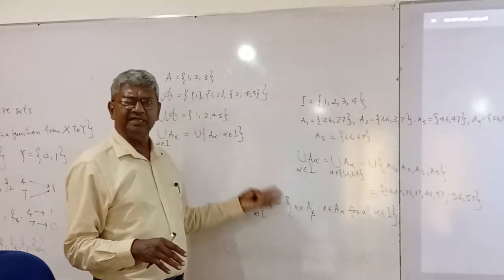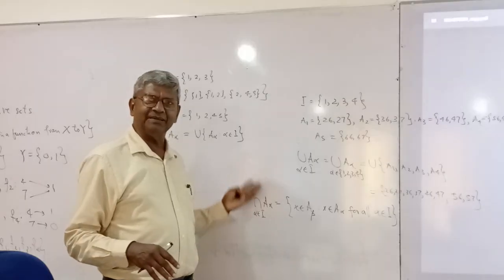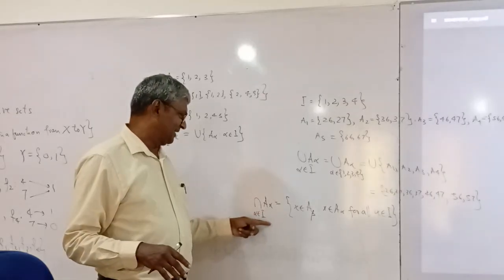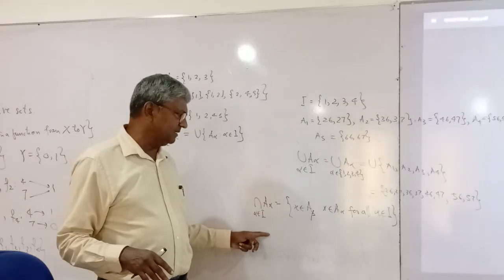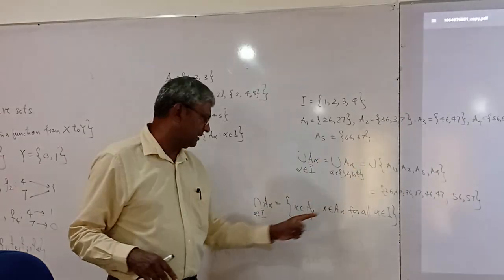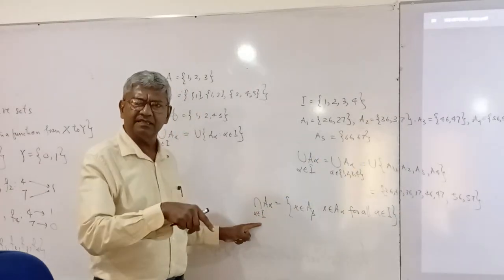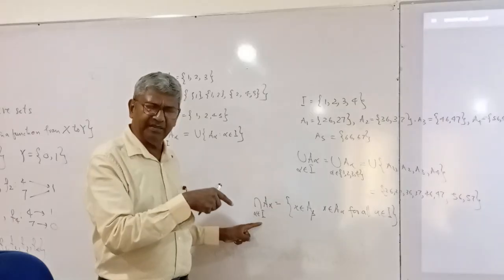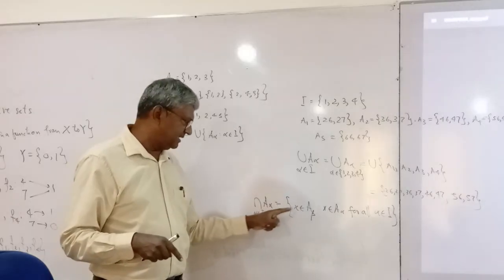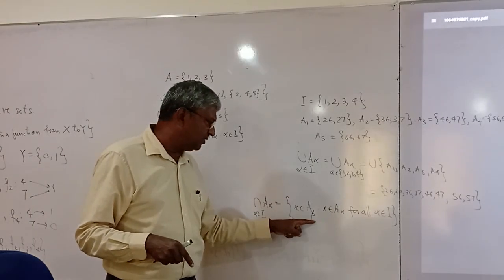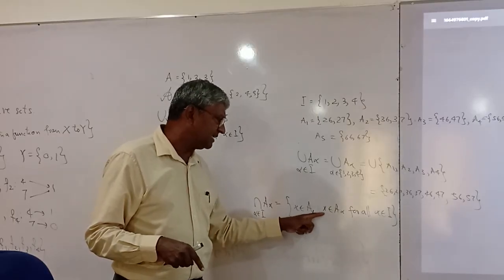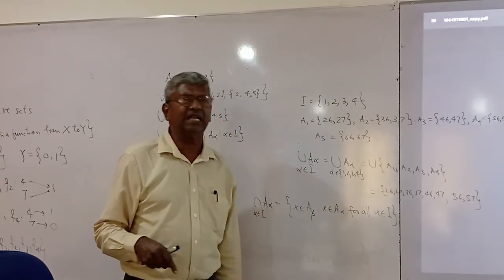You will be doing this thing a thousand million times before you finish this course. He chooses some beta belongs to I, because I is non-empty, you can choose. Then he is saying all x belongs to A beta such that x belongs to A alpha for all alpha belongs to I.